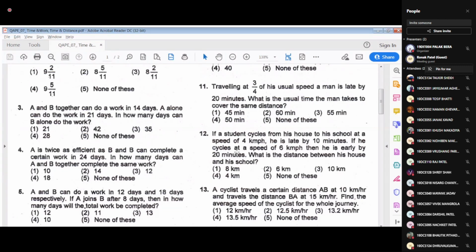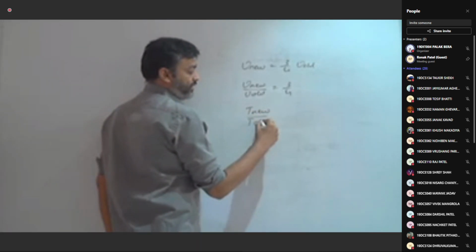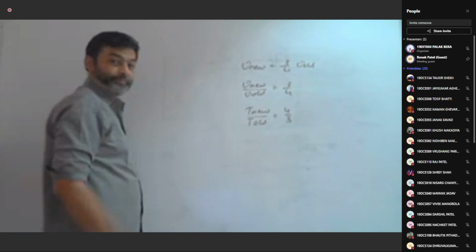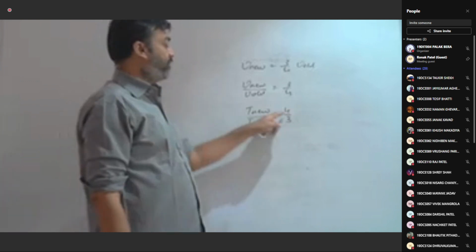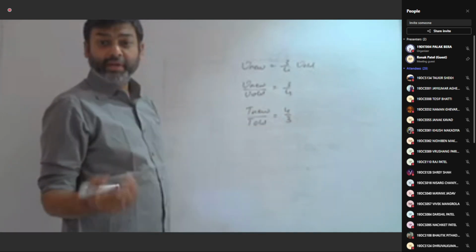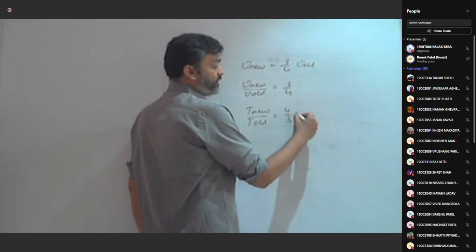So go with speed like 3 by 4. So find out time new upon time old. Take reciprocal ratio because distance is same. Just we did one sum. So when you take this, this is time new upon time old. Now the difference of these two, they have taken 20 minutes late or early, whatever may be. That means the difference of these two is 1.